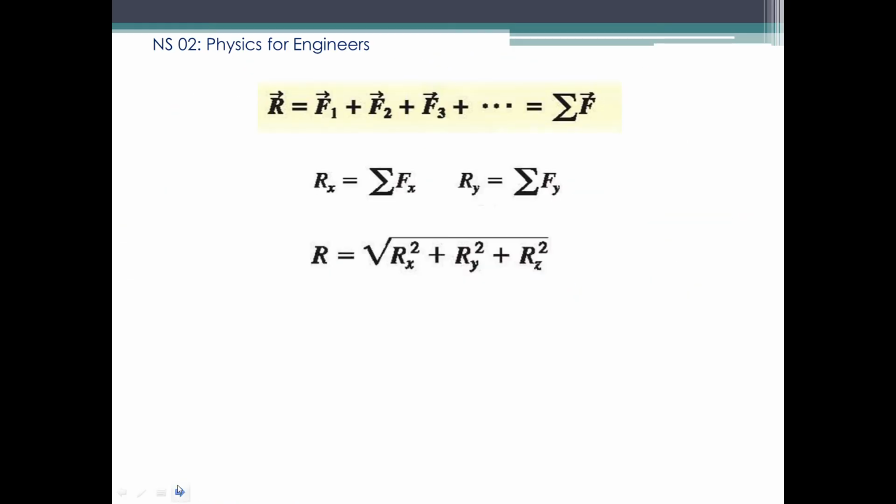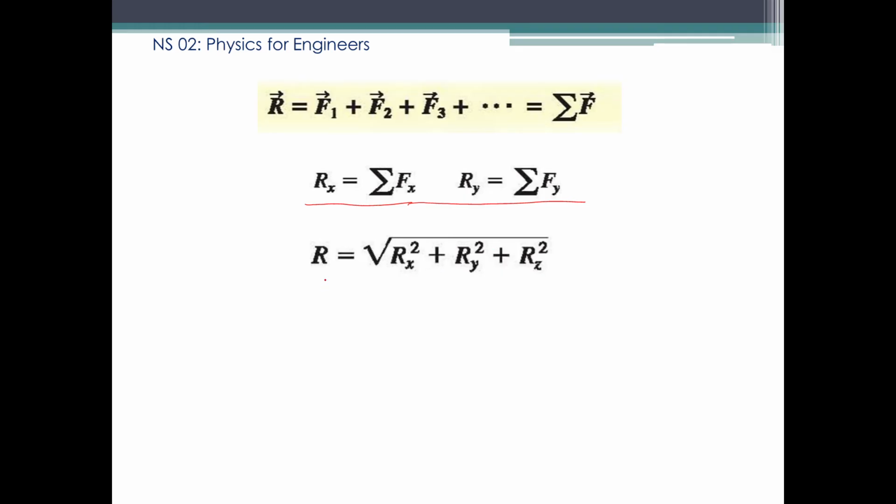Okay, so we have discussed this one already. Rx is equal to the summation of the x components of the force, and Ry is the summation of the y components of the force.